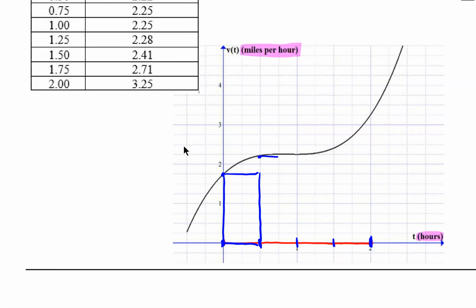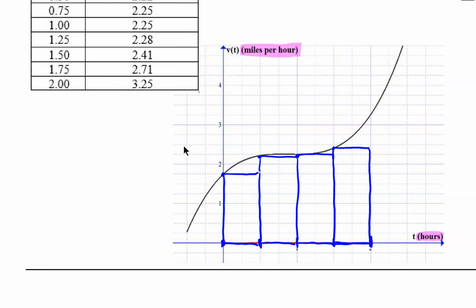And again, we're using the function value at the left endpoint of the interval. And so continuing on, we're going to end up using 4 rectangles because the interval length of 0.5 hours created 4 sub-intervals for us.